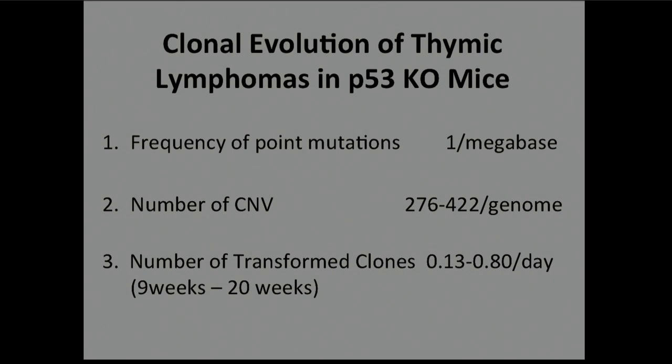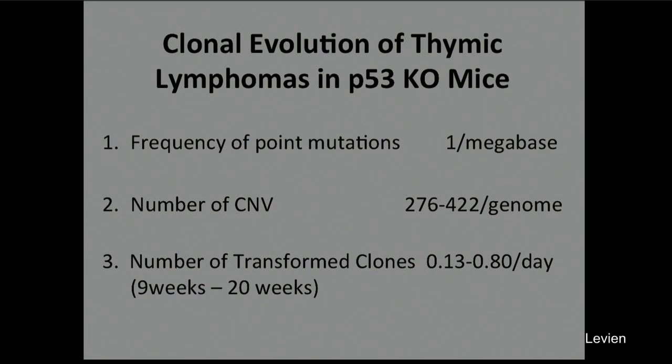And then a particularly interesting number with a large variance is the number of transformed clones that arise between 9 weeks, which was the time we first saw 2%ers, all the way to 20 weeks when we see winners, is somewhere between 1 transformation event per week and 1 transformation event per day. So there's a lot of stochastic aspects to this. There must be other things happening in the mutation.